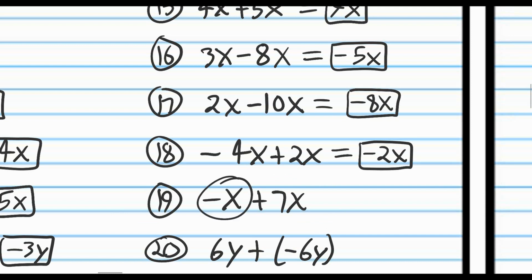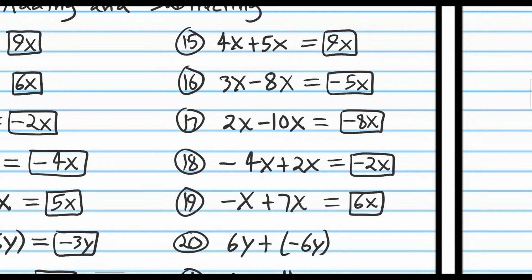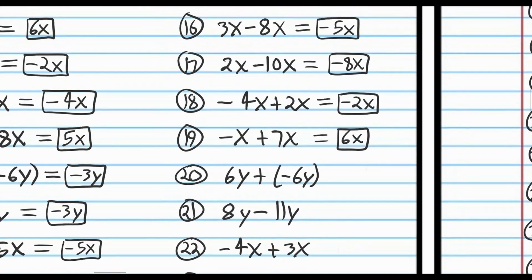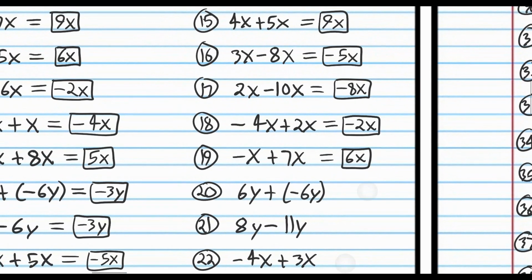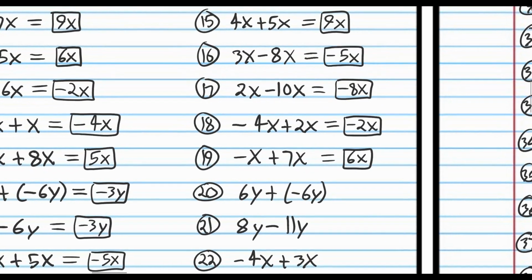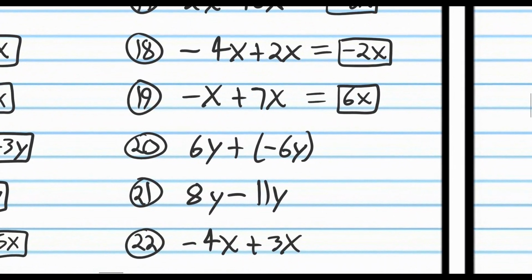So negative 1 plus 7x, a negative 1x plus 7x is 6x. So if you got those answers, good job. All right, let me just double check to make sure I didn't make any arithmetic errors there. They look correct.